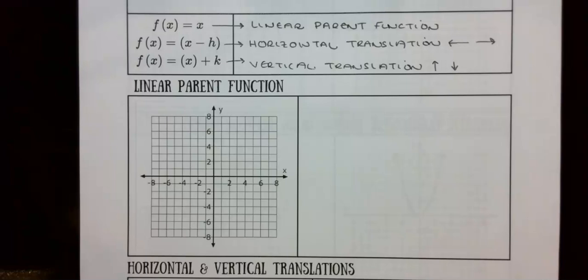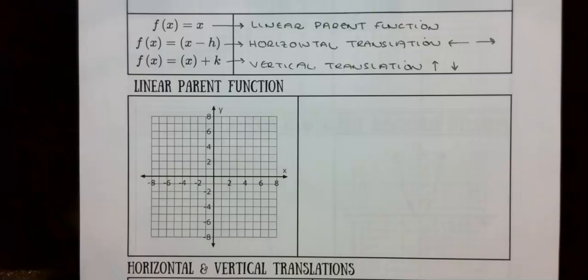Once we start talking about the equations, we'll focus more on where the number is, if it's positive, if it's negative, and what that actually does to the graph. But for this video and this set of notes, we're just going to look at graphs that have been shifted up and down and compare them to the parent function.